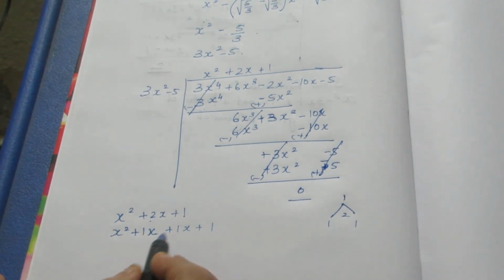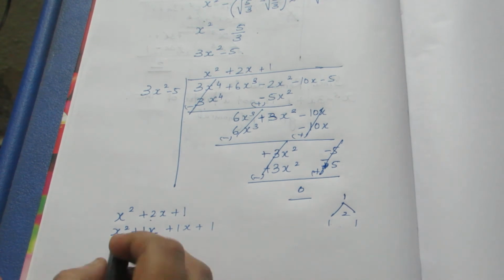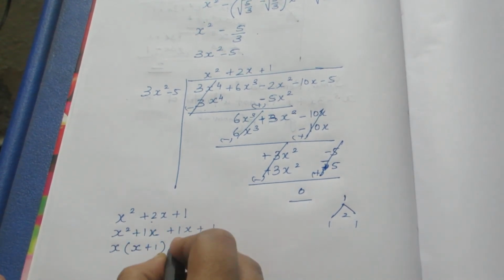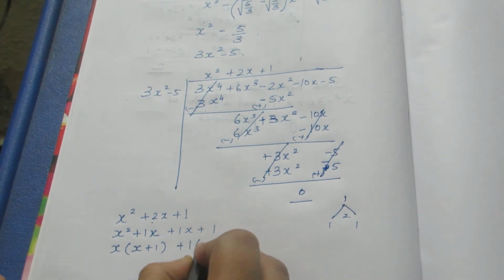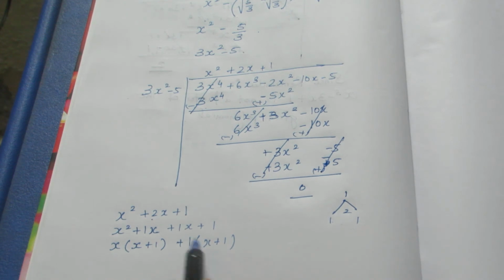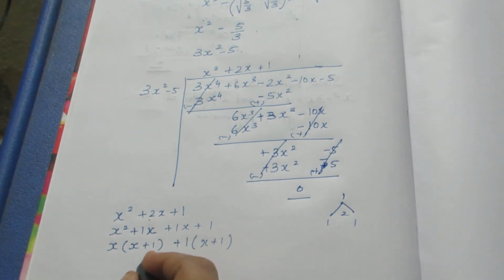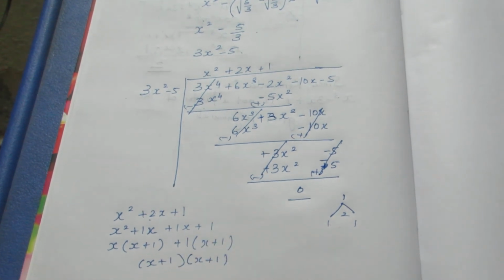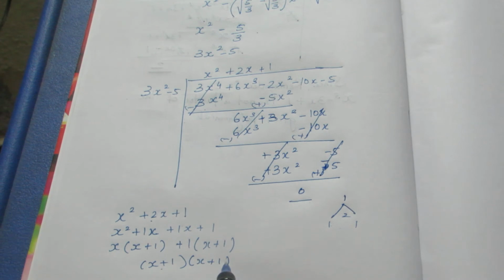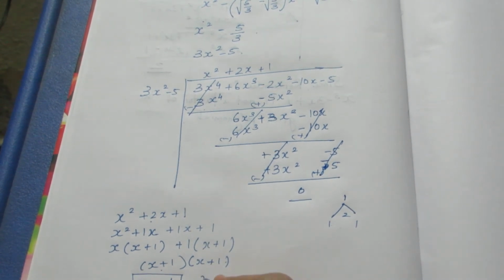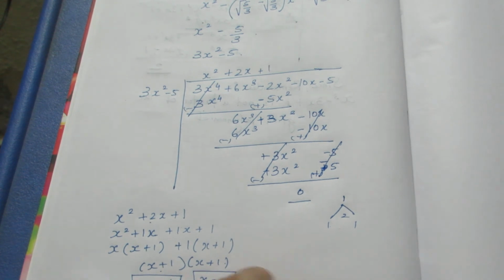I'm just splitting this number into 1x and 1x. Here take common outside, so x plus 1; here also plus 1 outside, so x plus 1. Write the bracket only once, and the outside terms in another bracket. If I put this equal to 0, I get x equal to minus 1 and also x equal to minus 1.